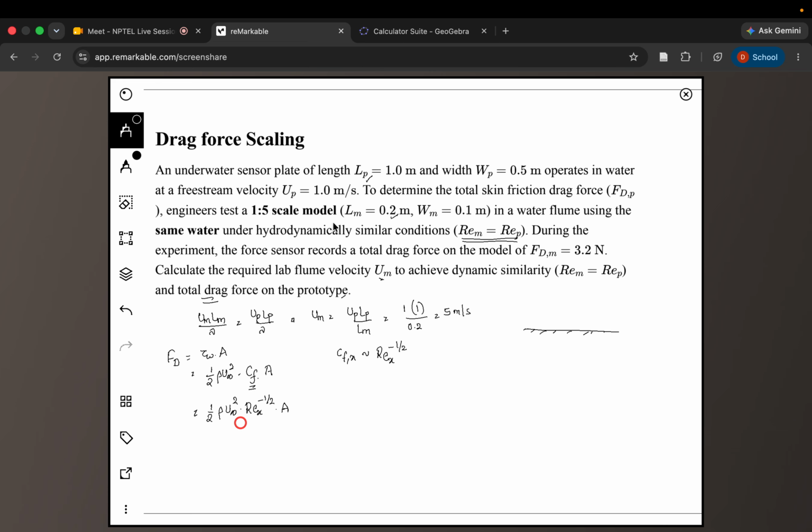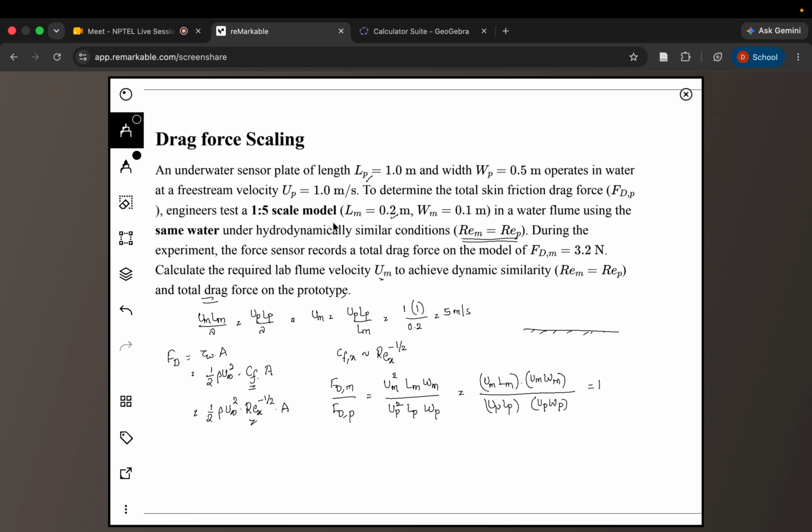Now, because we know that the Reynolds number is matched between model and prototype, this particular effect can be gone, and then we have on the model as well as on the prototype, given by U square times LMWM by UP square times LPWP, which will give me... you can actually see that this term goes to 1.